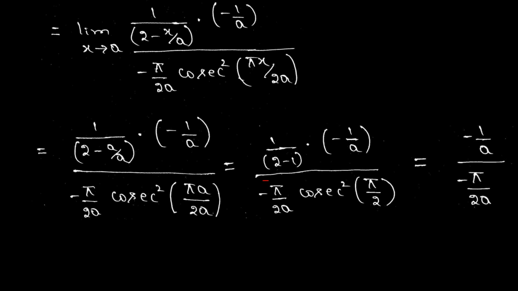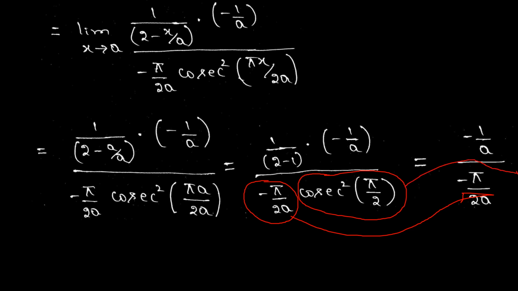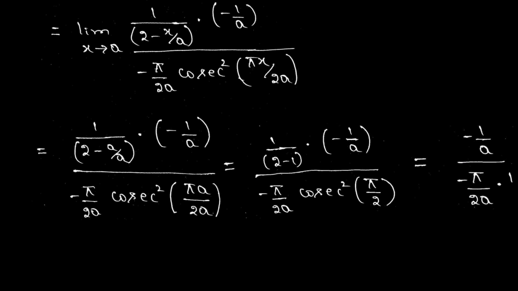In the denominator what we get is minus pi by 2a, and the value of cosecant square pi by 2 will be 1. If you check in your trigonometric table, you will get 1 in the place of cosecant square pi by 2.